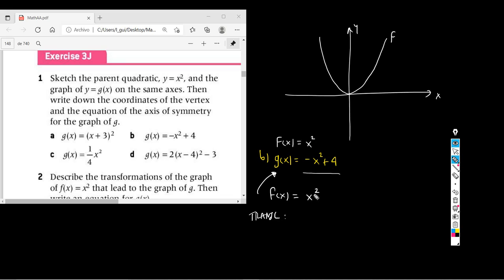The translation first. So this is the parent function, and I'm going to write this. The first transformation, which I'm going to symbolize by a little 1 here, a sub-index 1. The first transformation is this. I'm going to take the function, and I'm going to add 4 at the end. There you go. I have applied the transformation on this parent function.